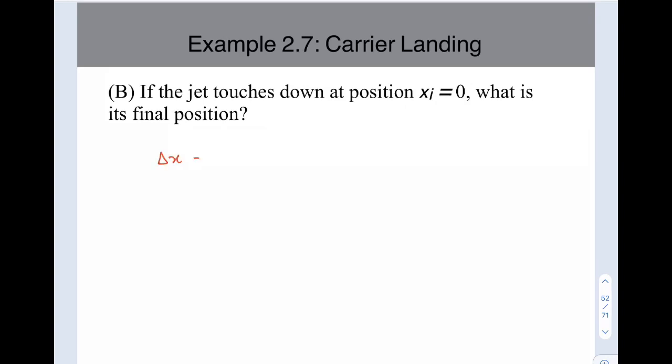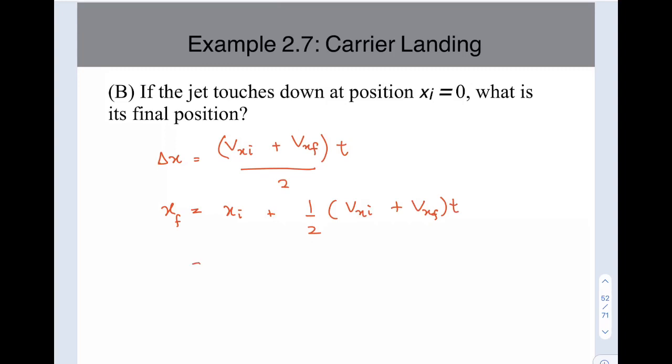We have delta x equivalent to Vx initial plus Vx final, average, over 2, times T. Then x final equals x initial plus half of Vx initial plus Vx final, times T. So 0, touchdown at 0, plus half of 63 initially, finally 0, times 2 seconds, which gives you 63 meters as the final position for the jet.